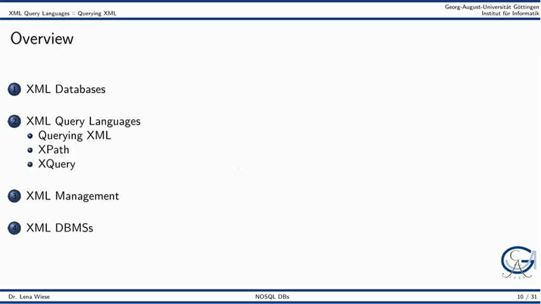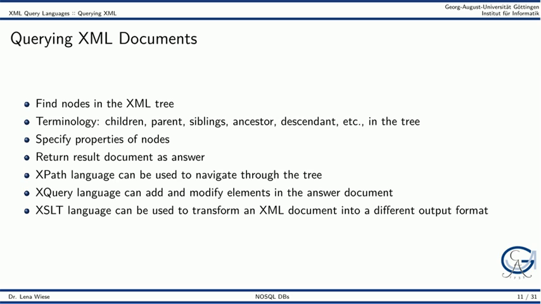Now let's look at some standardized query languages for XML. Querying an XML document corresponds to finding nodes in the XML tree. As we will see on the next slide, there is a certain terminology for navigation in the tree. For filtering the results, we can also specify properties of the nodes.